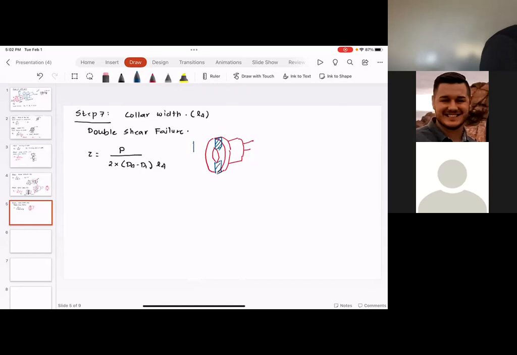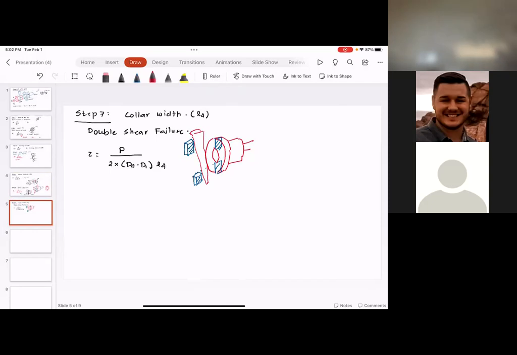And what you're going to have is one piece over here, one more piece over here, and then the cotter that caused the shearing sits over here.